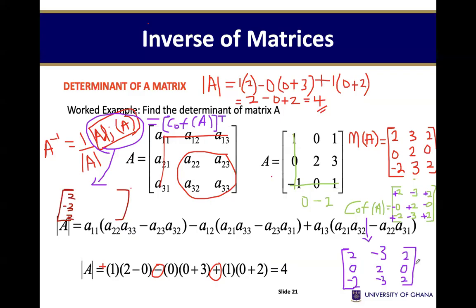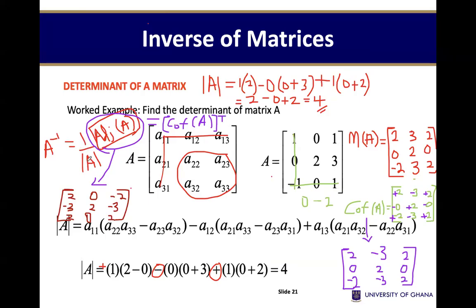And then the second row will now become a second column. So that's going to give me 0, 2, and then 0. And lastly, the third row will now become a third column. So that's going to give me minus 2, minus 3, and lastly positive 2. Okay, work is done. So with this, that gives me the adjoint.